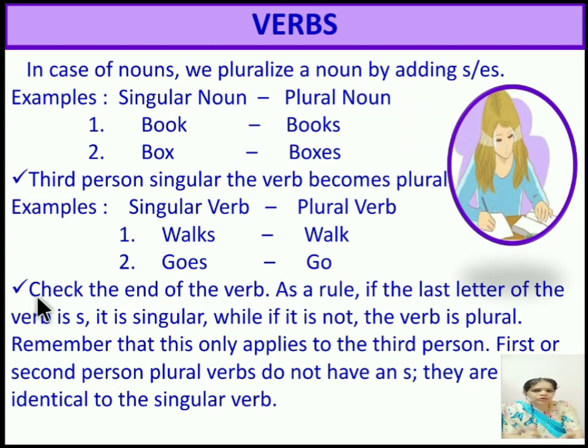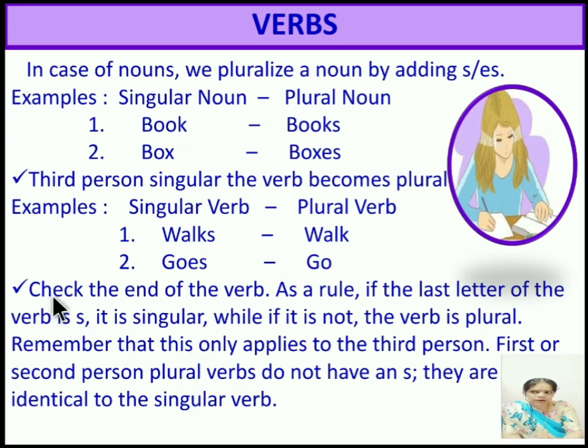It's the exact opposite of the rule we have for nouns. We're talking about the present indefinite tense right now. Just to remember, we are not getting into the depth of the types of tenses right now. This is just the basics and the fundamentals, a revision of your past knowledge.